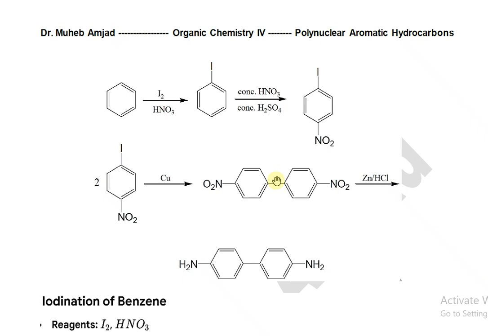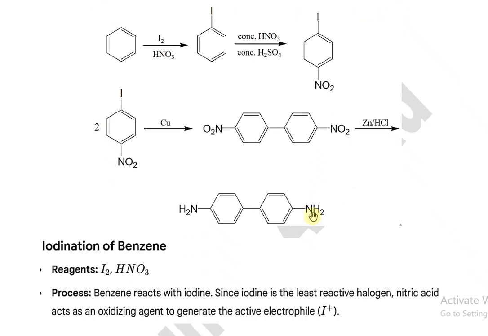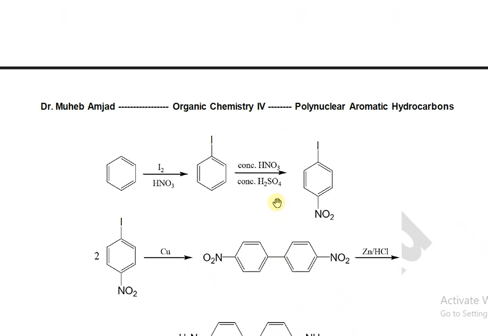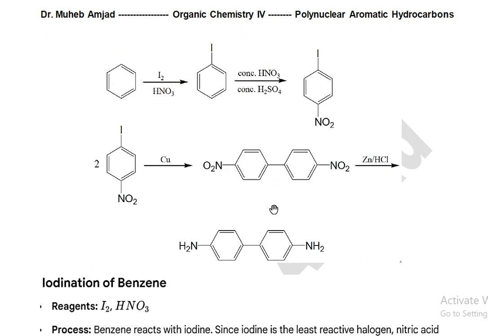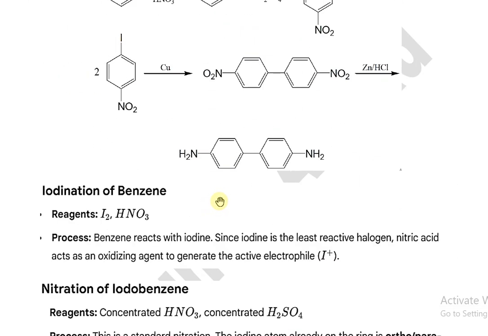the 4,4-dinitro biphenyl compound. Then there is reduction of the NO2 group to the NH2 group by Zn/HCl, to convert the nitro group to the amino group, and this finally is the benzidine compound.